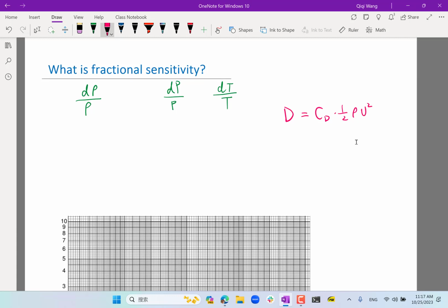And let's ask, if the drag coefficient doesn't change and density doesn't change, what is the relation of the fractional sensitivity of the drag, or dD over D, relative to a changing velocity, dv over v? So if this is held constant, you have the same air density, same object, so same drag coefficient. What is the relationship between a percentage change in velocity and a percentage change in the drag?